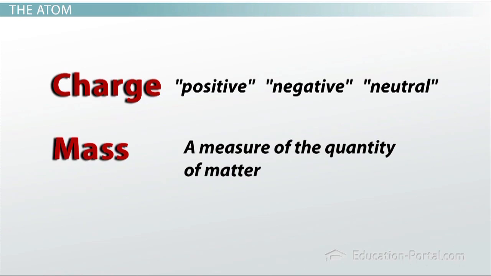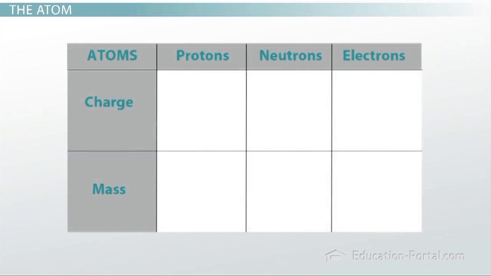All right. So let's talk about the protons and neutrons and electrons in terms of these two characteristics. In terms of charge, a proton is positive, and in terms of mass, a proton has a mass of 1.